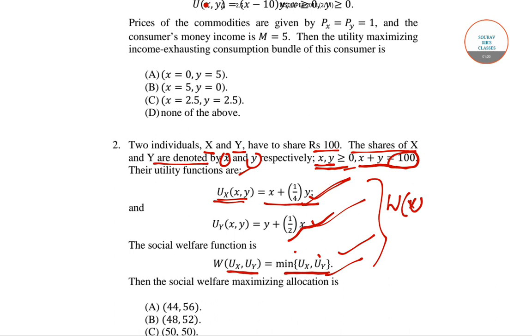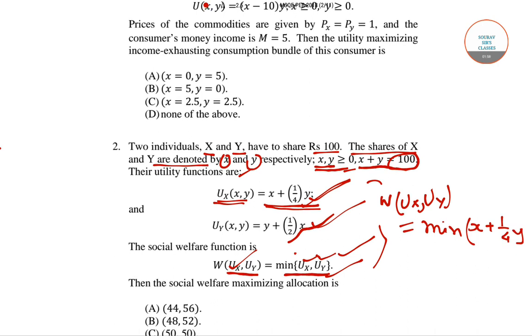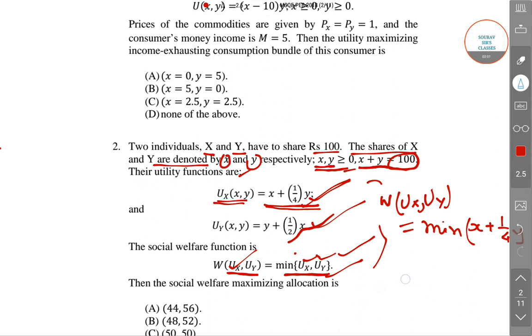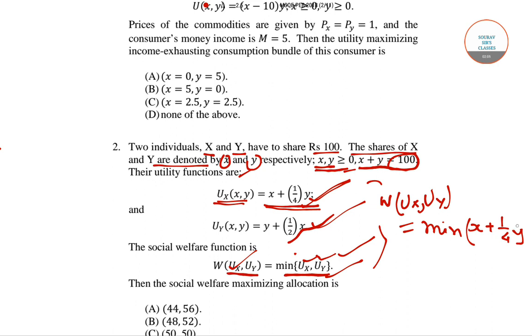So it will become W of U_x, U_y, as you can see from here, is equal to minimum of, now instead of U_x we can write this value, which is x plus 1 by 4y, and instead of U_y we can write this value, which is y plus 1 by 2x.